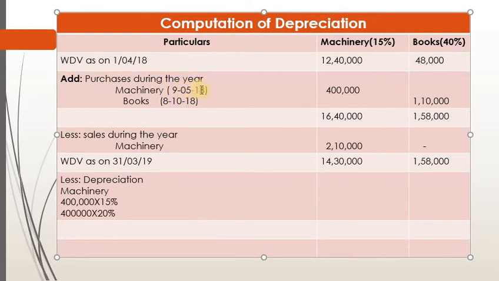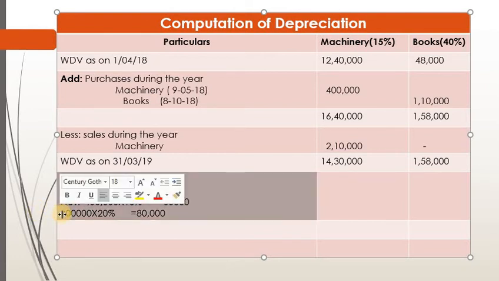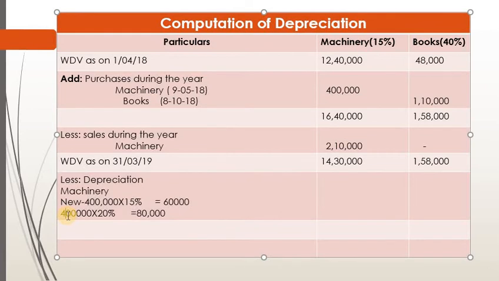It's very clear here, it is more than 180 days. So full depreciation is eligible. So 4 lakh into 15%, 60,000. 4 lakh into additional depreciation 20%, that is 80,000. Let's write here, you should not confuse it. So this is for the new machinery, and this is additional depreciation for the new machinery.